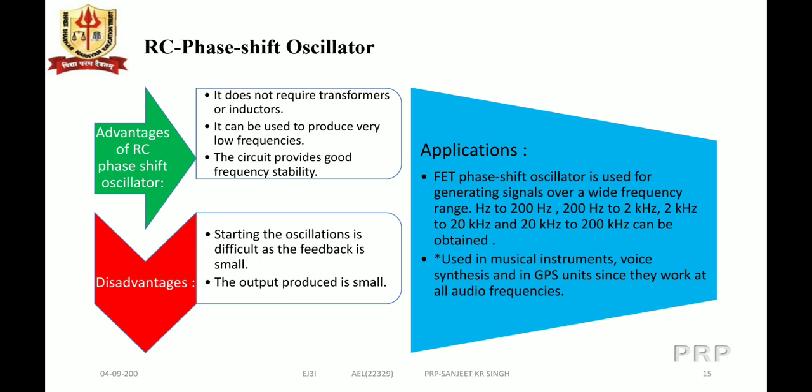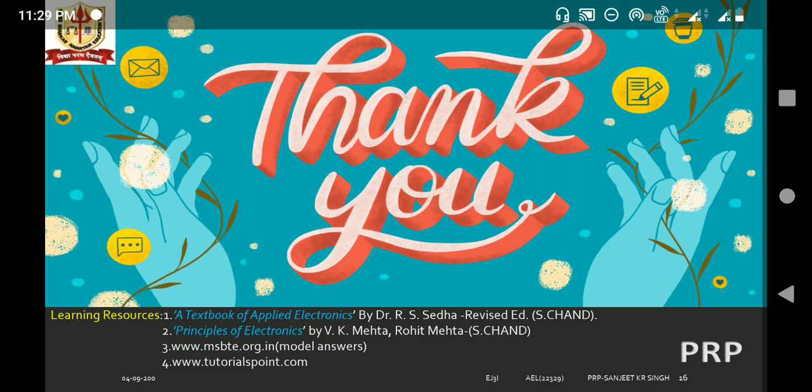This type of oscillator is used in musical instruments, for voice synthesis, and in GPS units, since they work at all audio frequencies. The entire 20 hertz to 20 kilohertz range of the audio frequency is covered.